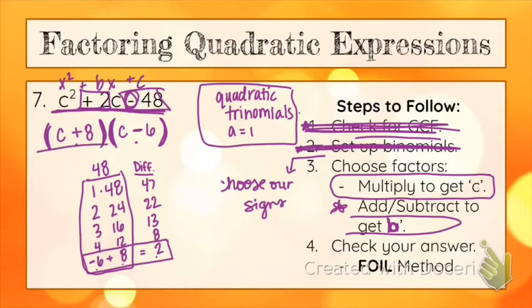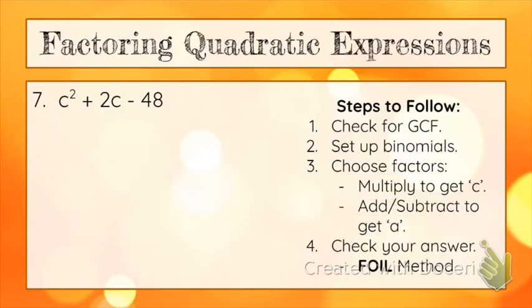This c plus 8 times c minus 6, that is our answer. c plus 8 and c minus 6 are the two factors of this trinomial. But we need to learn how to check our answers. Because when you get used to doing this, you're just going to be able to say, okay, parentheses, here's a c, here's a c.